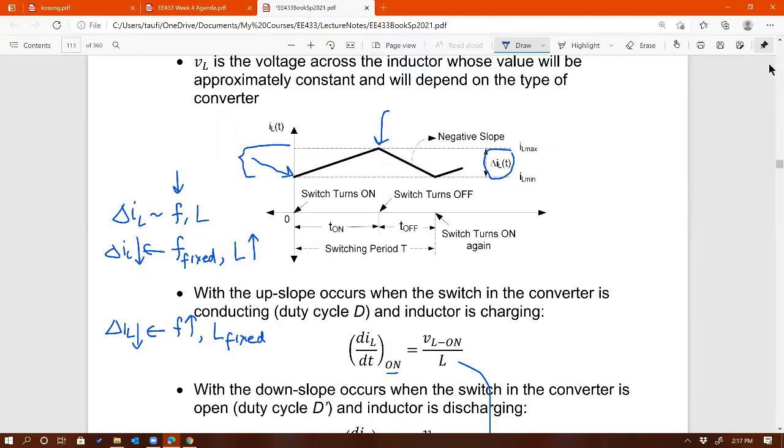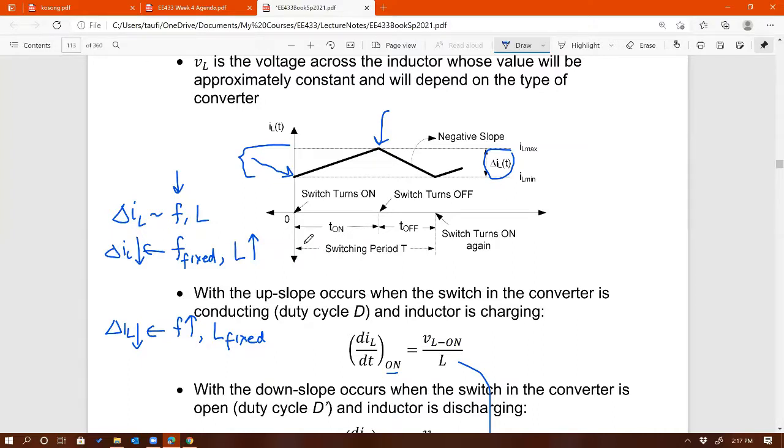Keep in mind that, although we usually don't teach this often in the classes, cost is also important. So cost, budget. At the end of the day, you have to meet a certain budget. So bigger inductance is going to be more costly to buy. So keep that in mind.